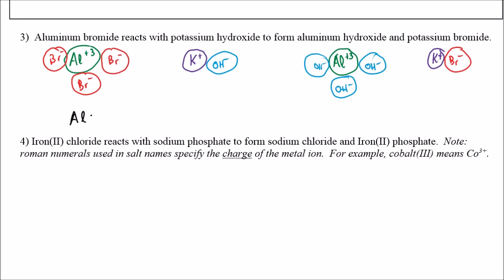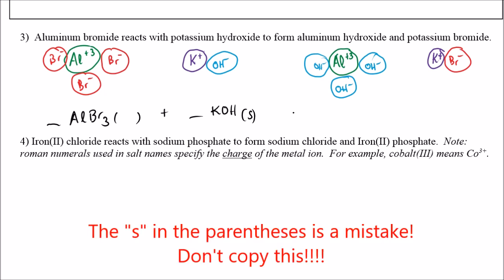AlBr3 is what I see right there. Put a line in front, put parentheses behind. I see KOH, line in front, parentheses behind. This is the change from reactants to products.